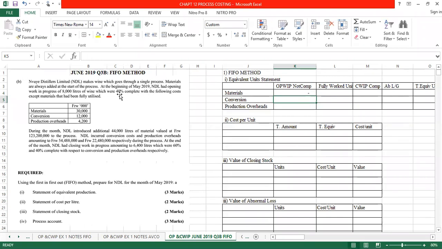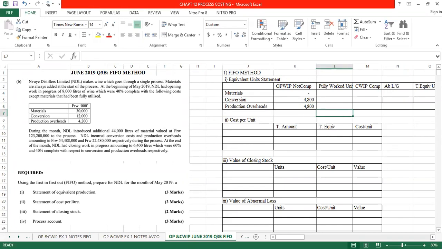You are told they were 40% complete, except materials. 40% conversion, so 8,000, 40% is complete. Therefore, 60% is not complete. Again here, 8,000 times 60% is not complete. That is the meaning of that.